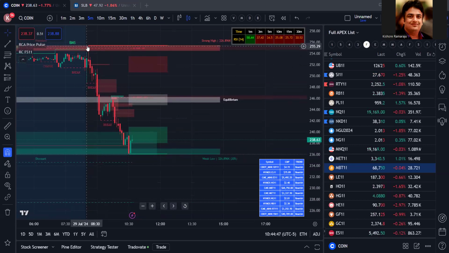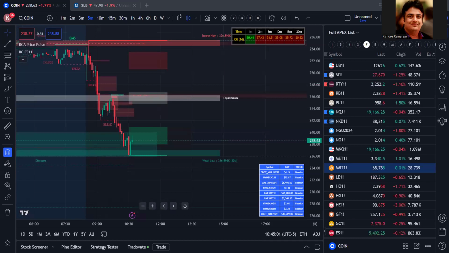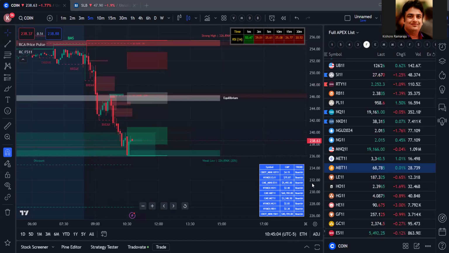Coin today morning went until 256, came down. Now it is at a good price to go long. If you want to buy stocks, you can buy the stocks. QQQ is moving good. Microsoft also started moving, CLSK moving good.